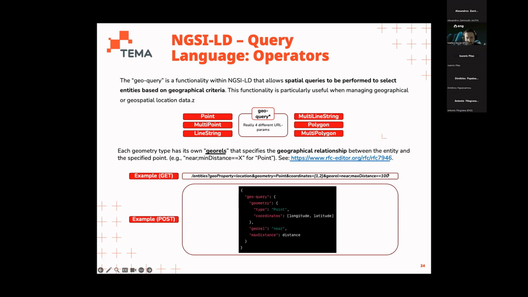No, sorry, meters maybe. I need to check. But in any case, I can filter by using GeoQuery operators. And we can do that by using the GET API. In this case, you see we have the query as query parameters of this API, or by using a POST. And in this case, we have a JSON in order to filter this data.